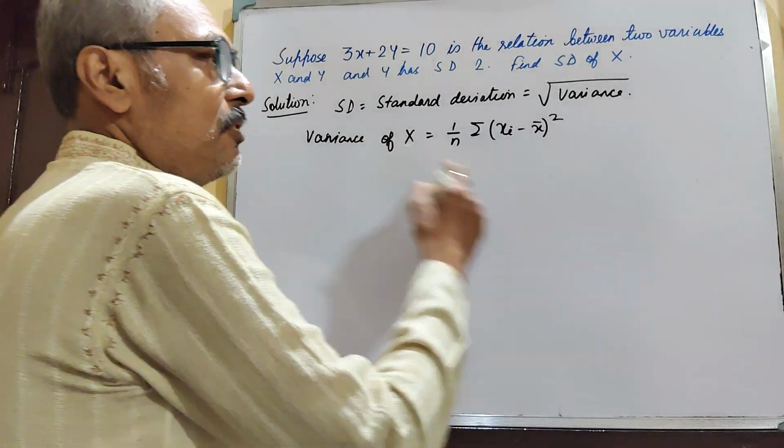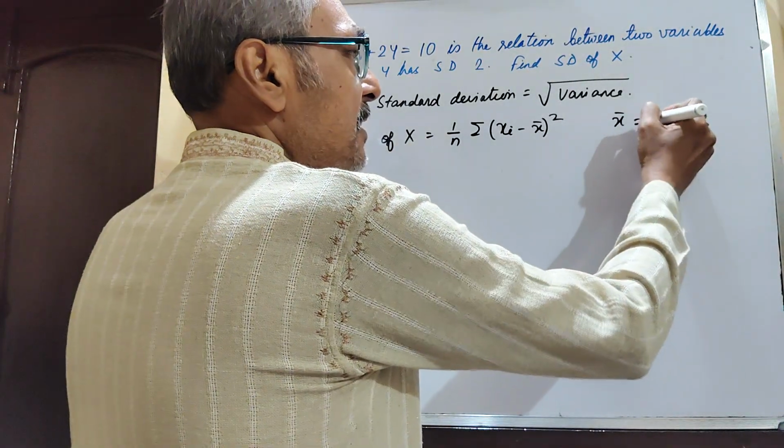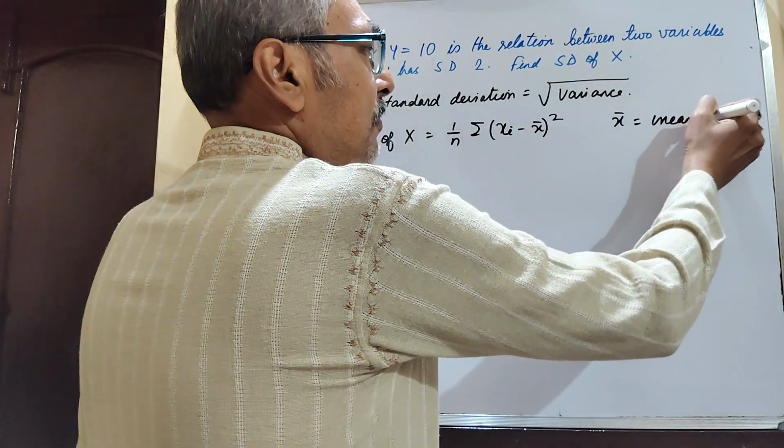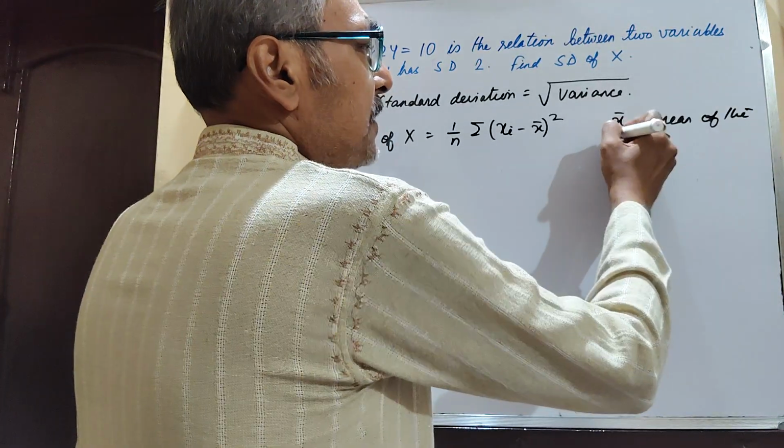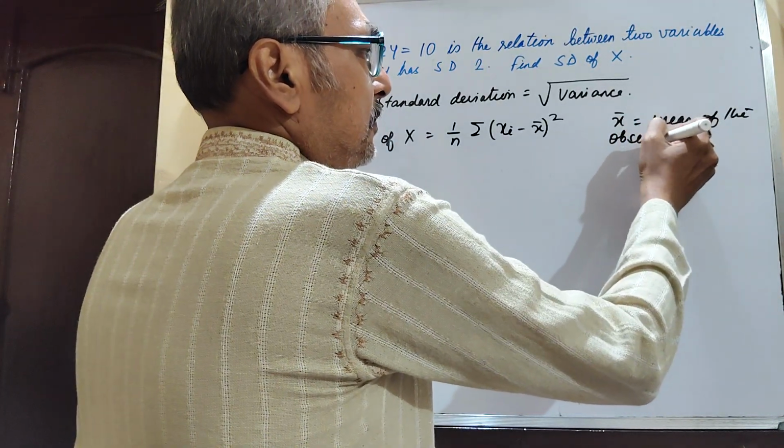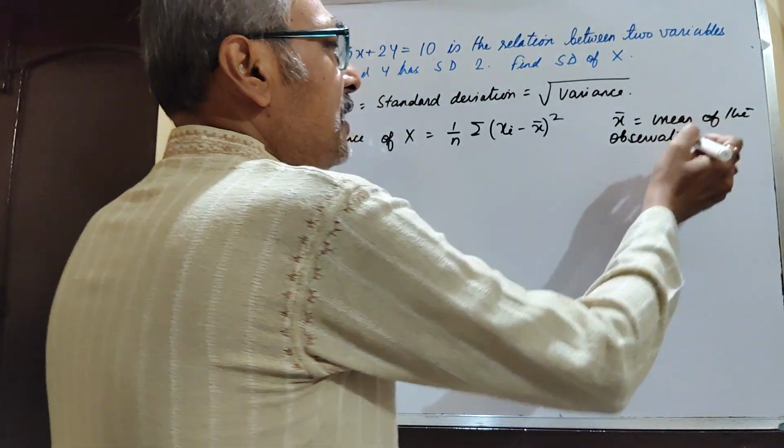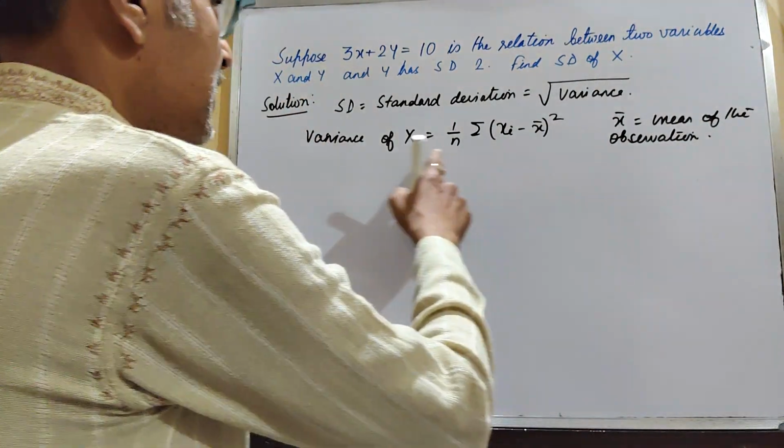This is the variance of x, where x bar is the mean of the observations.